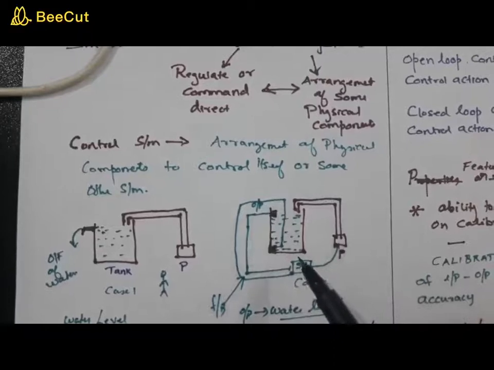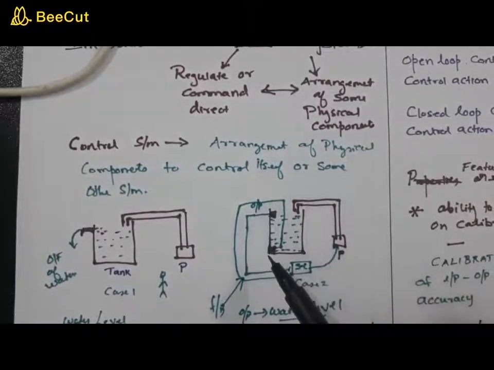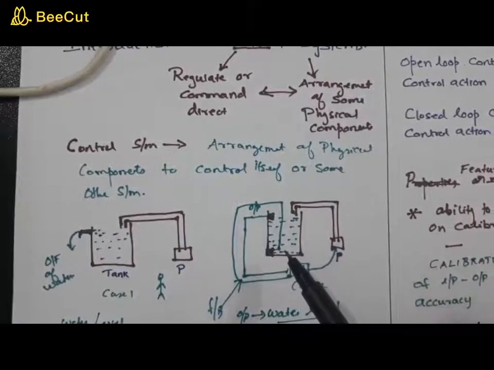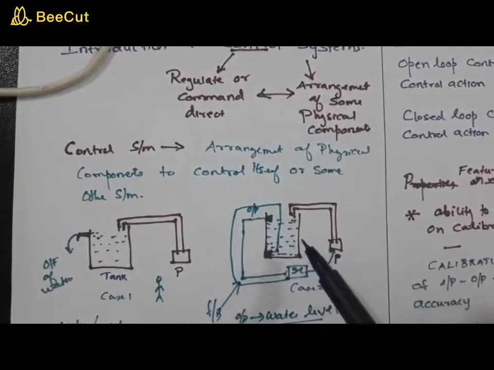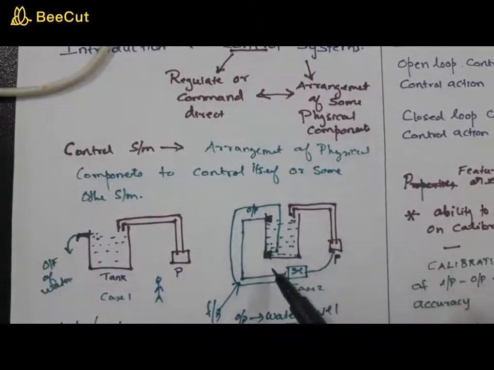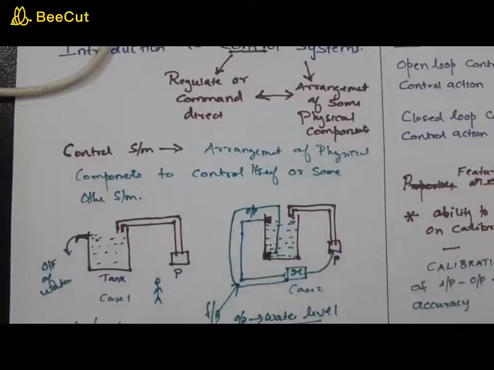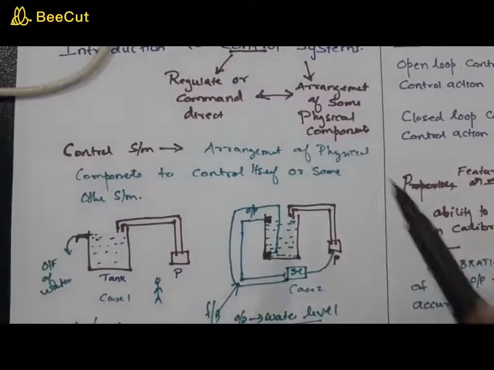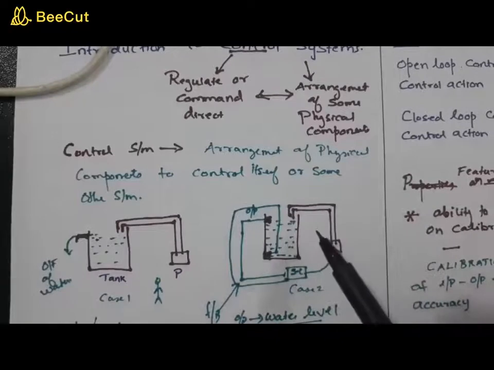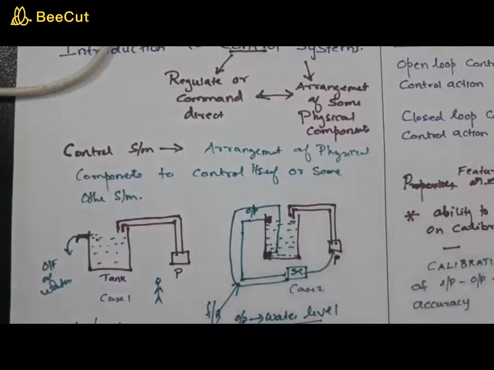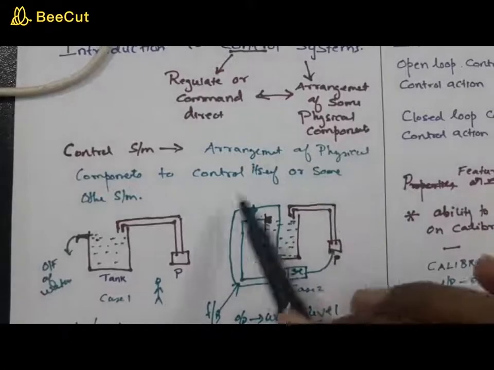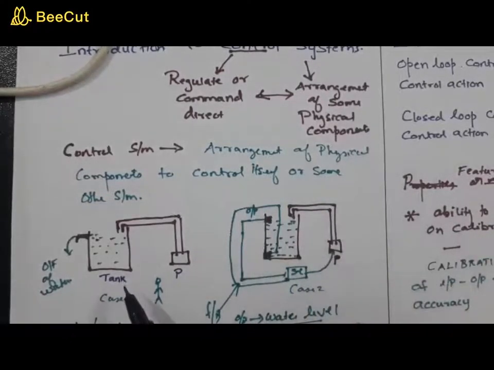Even if it is a drawback, we must understand that there are a lot of advantages of the closed loop system when you compare it with the open loop system. So even if there is a chance of the system going to instability, all the other advantages make it more attractive than the open loop system.